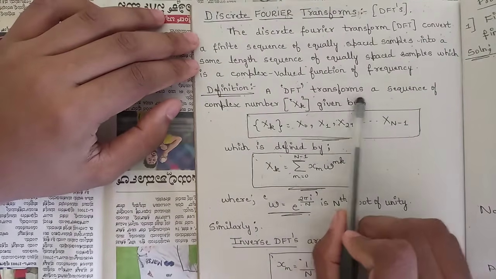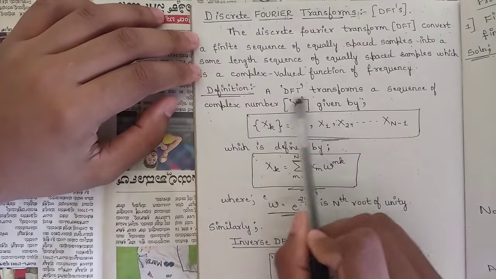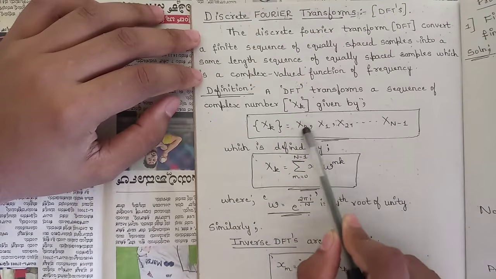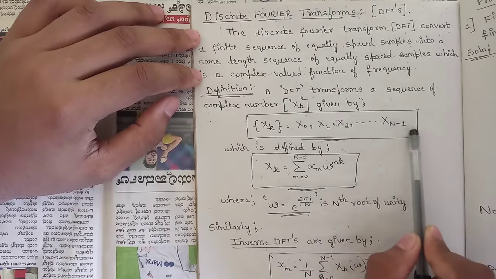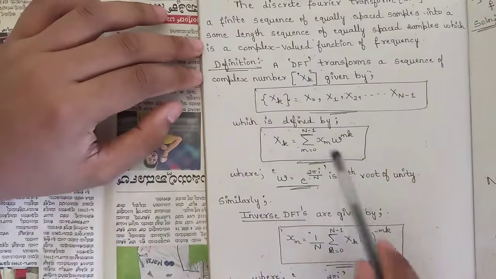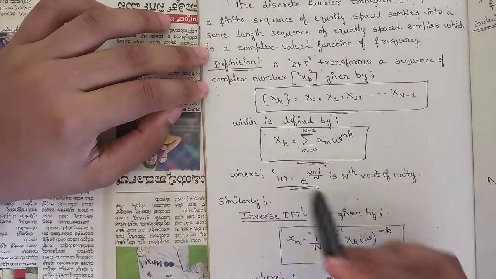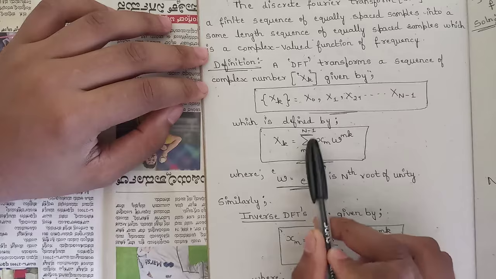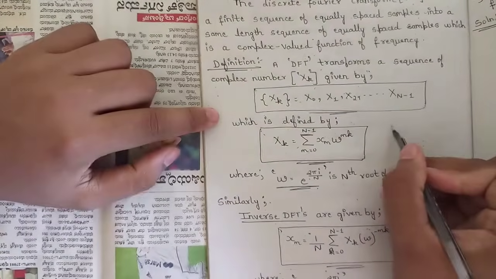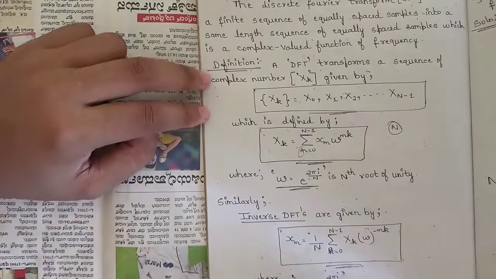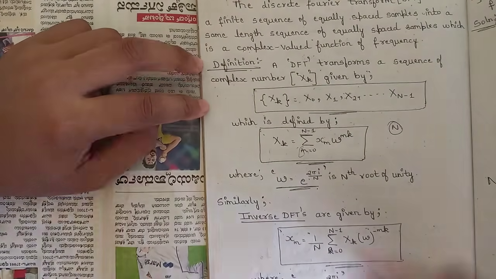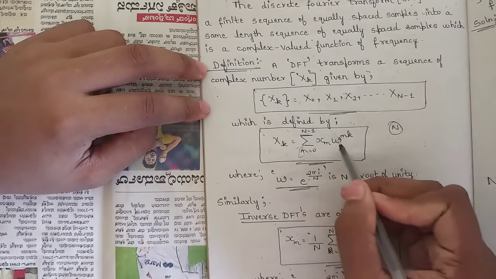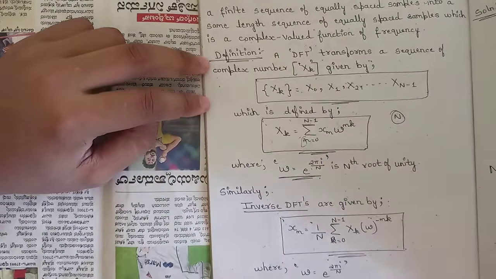The DFT transforms a sequence of complex numbers, given by X_k, where X_k is X_0, X_1 up to X_(N-1), defined by the formula, which you need to remember: X_k is equal to the summation from n equals 0 to N minus 1, where capital N stands for the number of observations and small n stands for the values, of x_n into omega to the power n k.